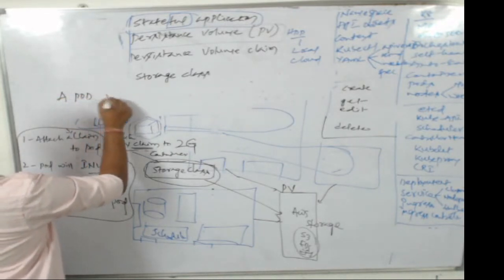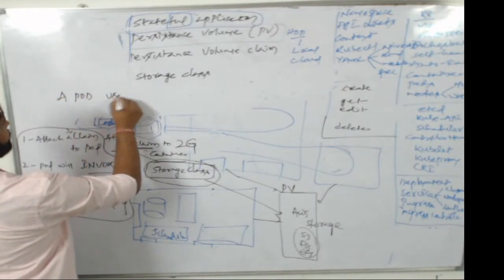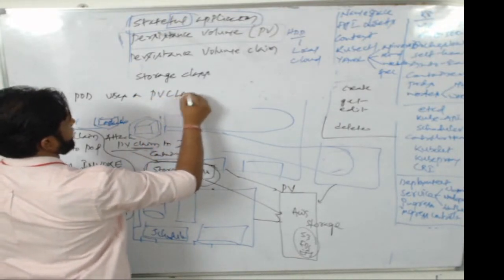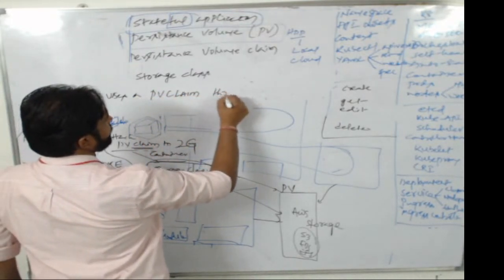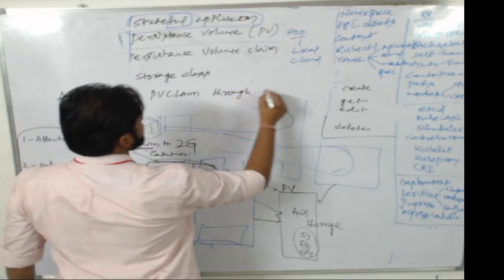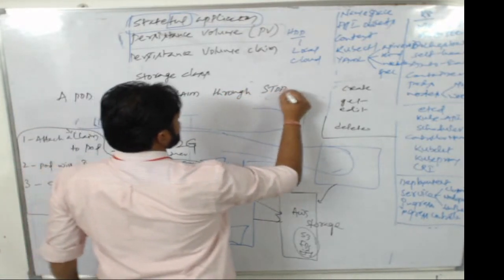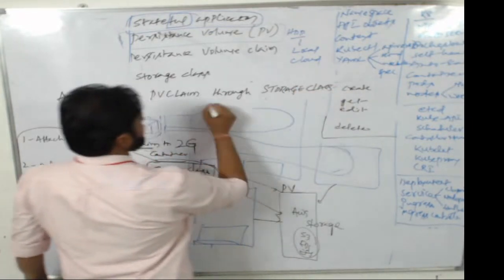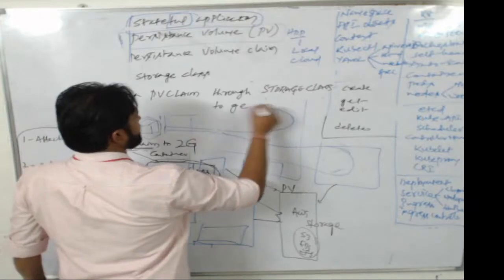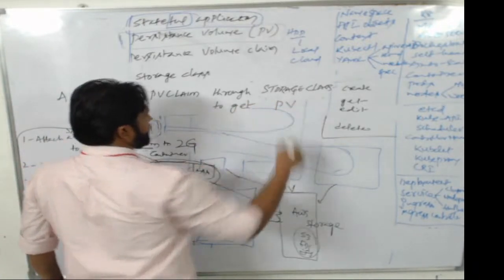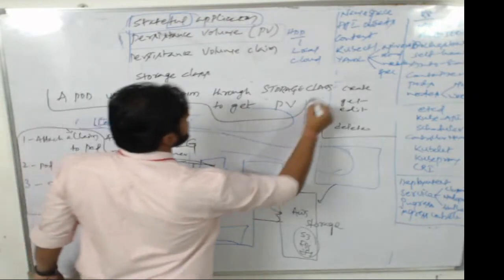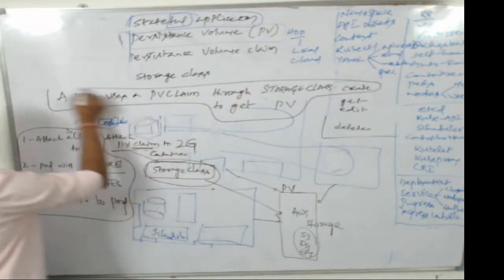A pod uses a PV claim through a storage class to get a PV. That's your single sentence that says everything about what we discussed.